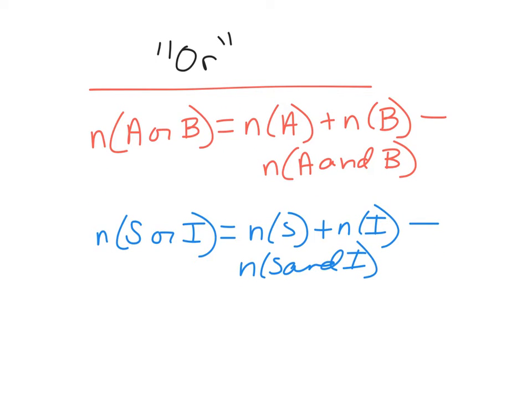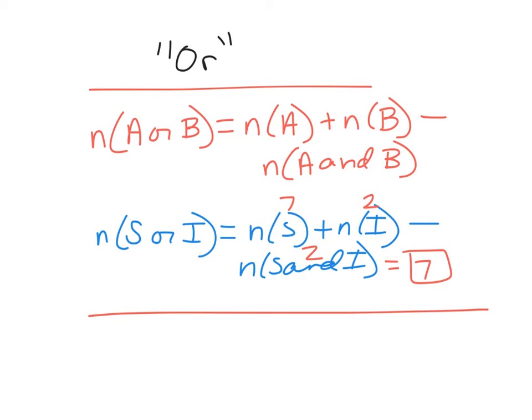And that would have been equal to, all 7 of us had been to St. Louis, 2 of us had been to Indianapolis, 2 of us had been to St. Louis and Indianapolis. So 7 plus 2 is 9 minus 2 is 7. And we would have ended up where we needed to be.